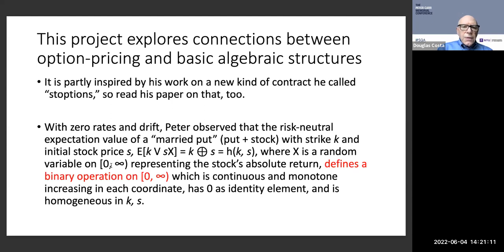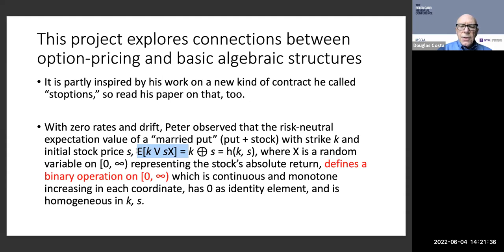Okay, so to start with zero rates and drift, as Federico and Pasquale observed yesterday, Peter had observed that a married put price in expectation looks like this. It's an expectation of the maximum of the strike and the future stock price.